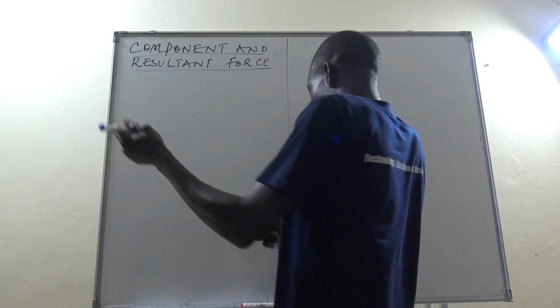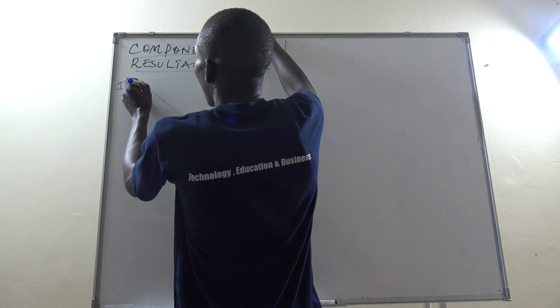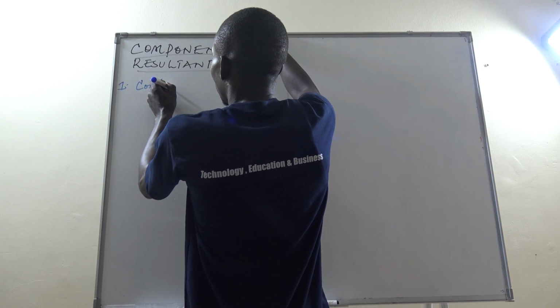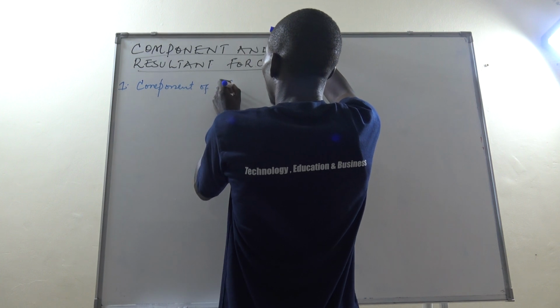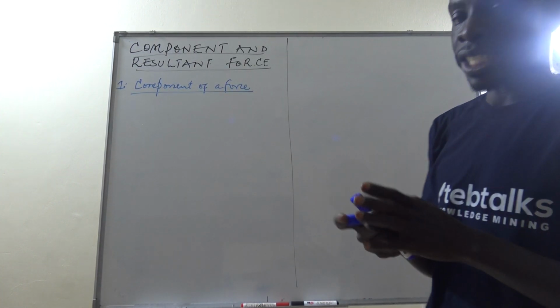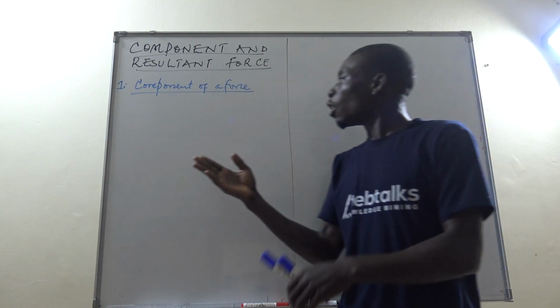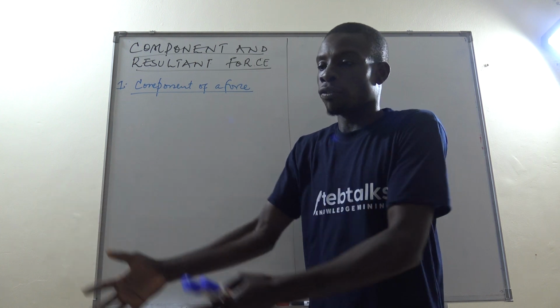And now to begin with, let's first look at what we are basically calling component of a force. Okay? It is some interesting old word. I cannot say it is a new word, component. Part of, isn't it?